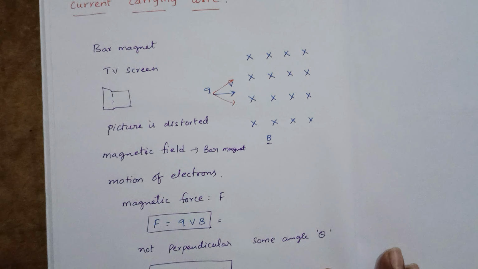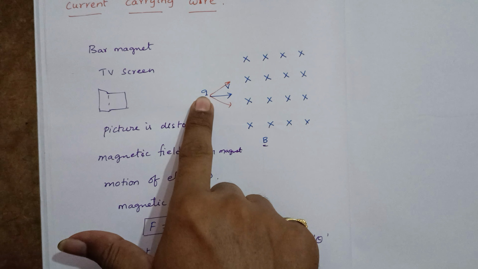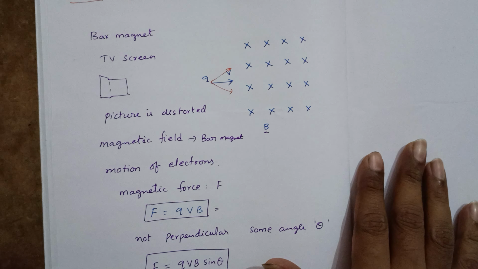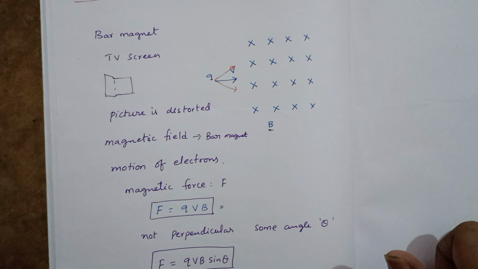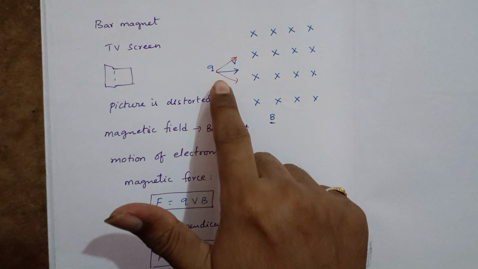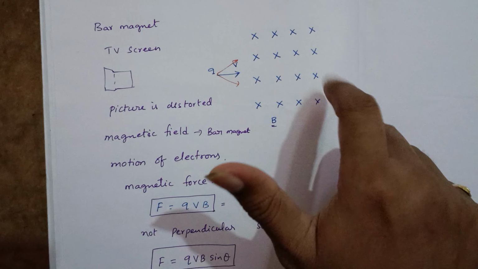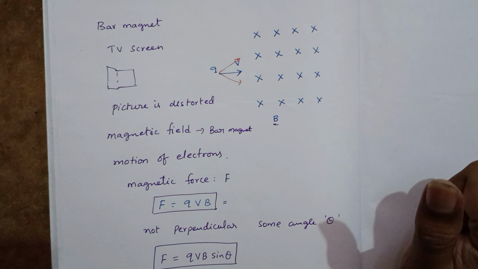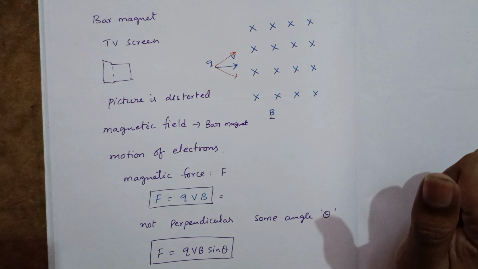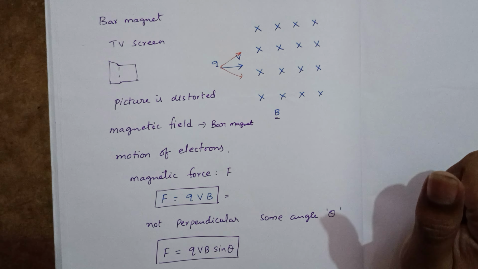Now here we know the charge direction, the electric current direction, and the magnetic field direction. Then what is the direction of force?